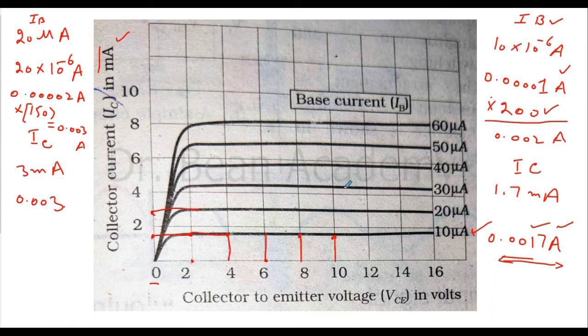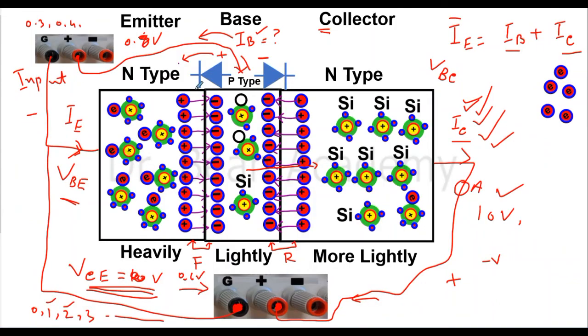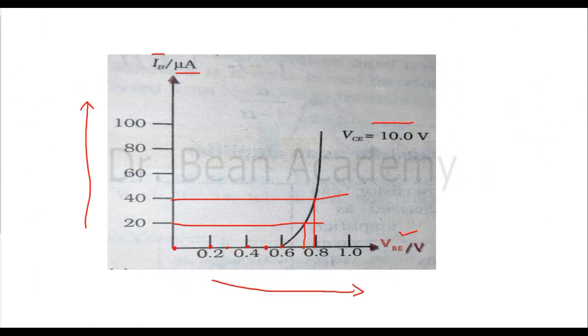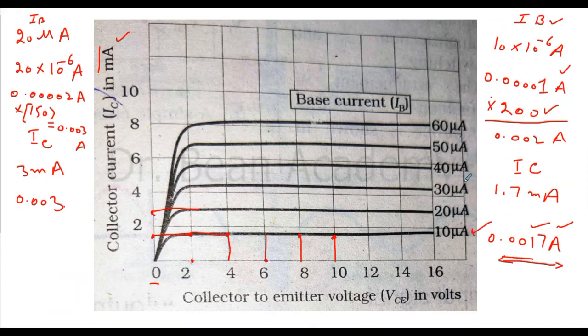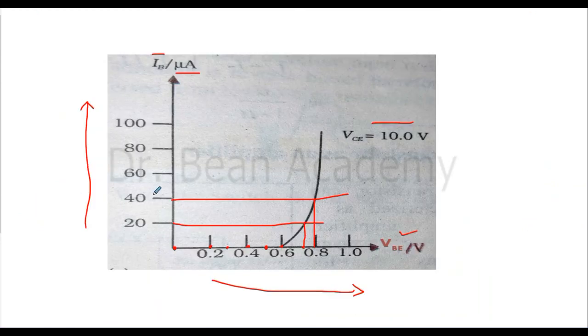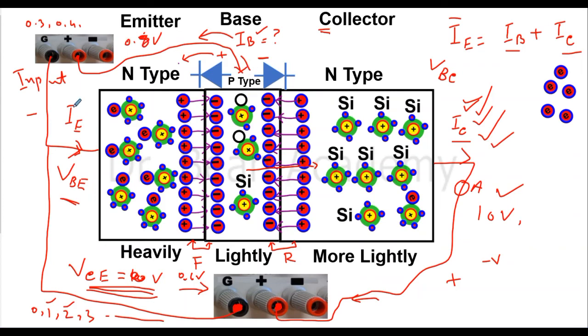So in this way, if you keep on checking, set the current at the base using this curve. Say now you want 30 microampere or 40 microampere, so you will look at this input characteristic for 40 microampere. Then you will see the corresponding voltage you need to apply across the base and emitter.